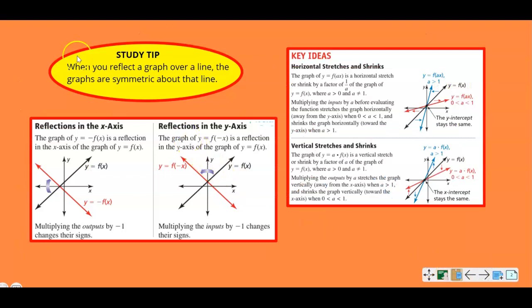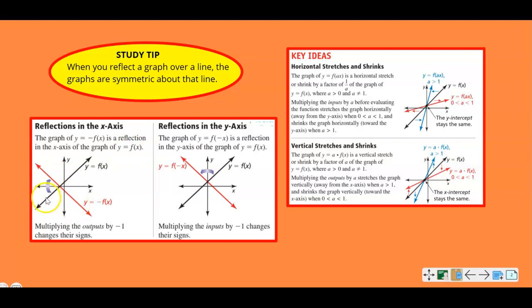All right, study tip. When you reflect a graph over a line, the graphs are symmetric about that line. So that's important to know. All right, a couple more key ideas to make sure you know. Reflections in the x-axis. So if the graph of y equals negative f of x, that's a reflection across the x-axis. Okay, you can see here it is taking the line and it is reflecting.